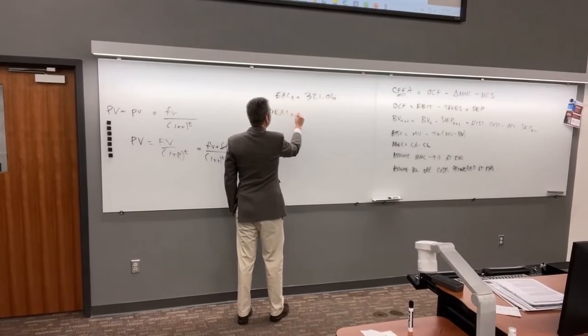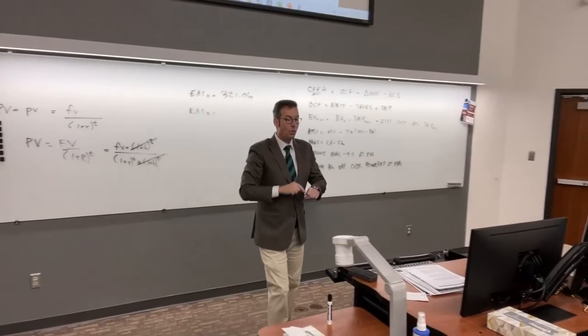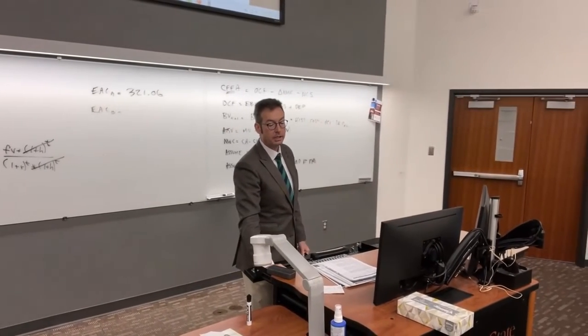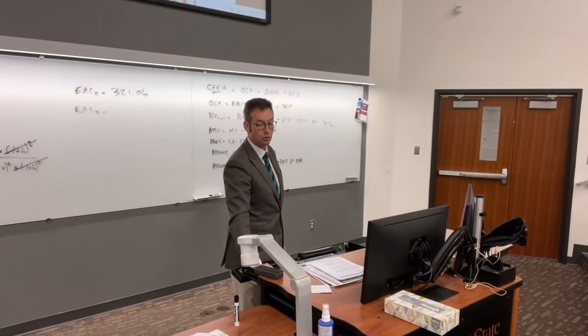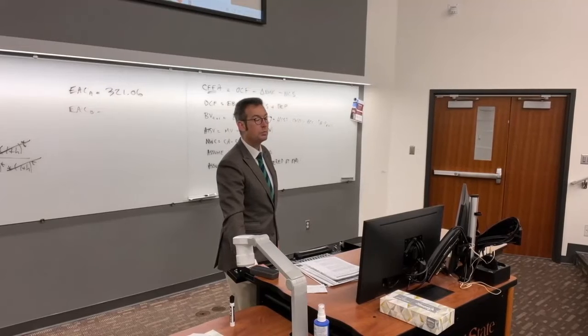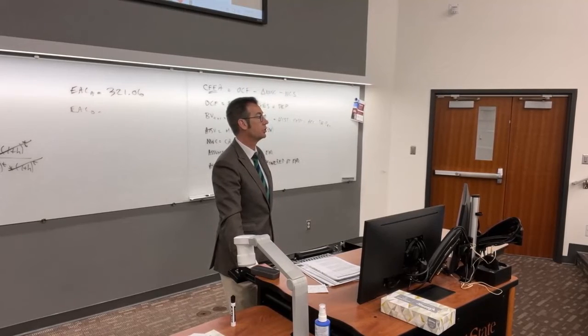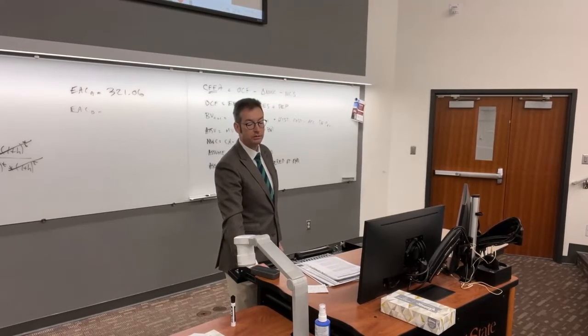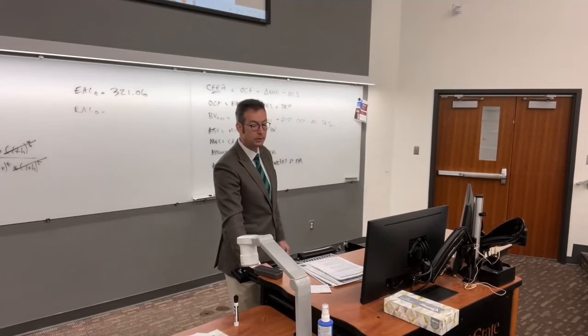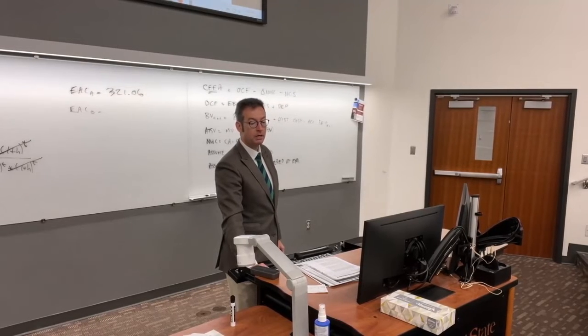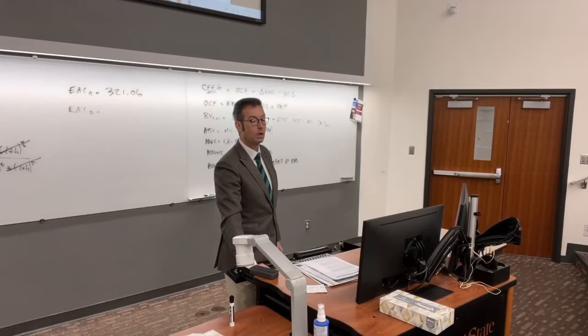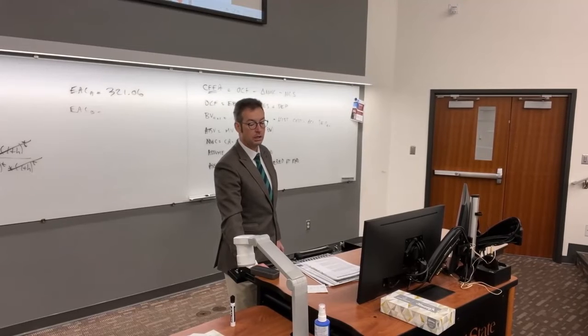So now we need to do the same thing for B. So I'm going to hit CF, second, clear work. What do I put in for CF0 for machine B? 600. 600, enter, arrow down. What is C01? 100.